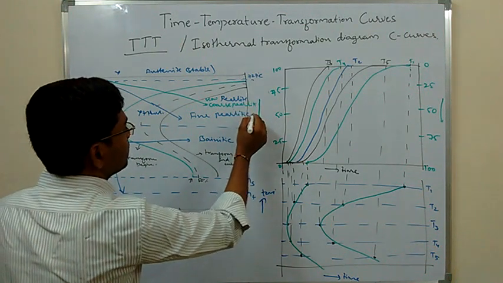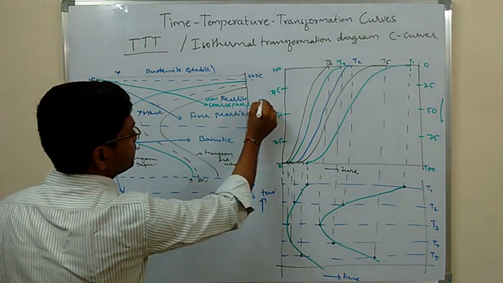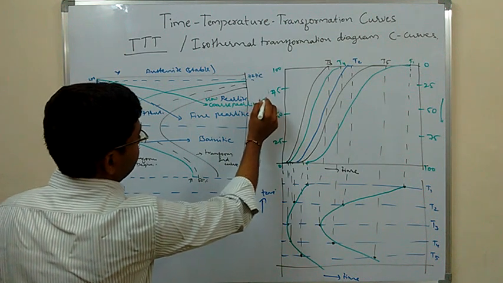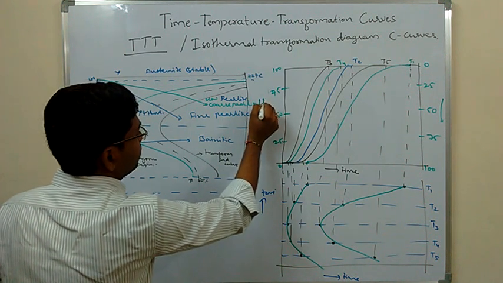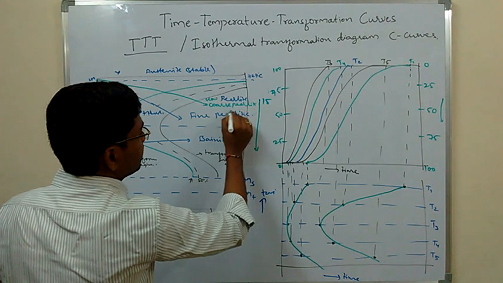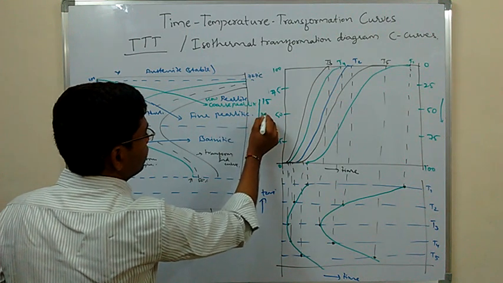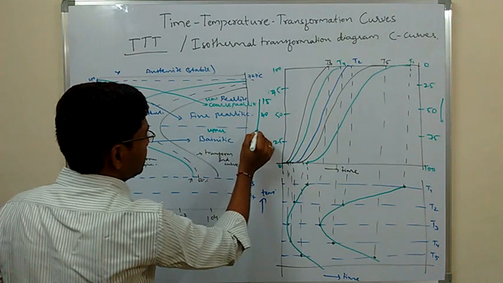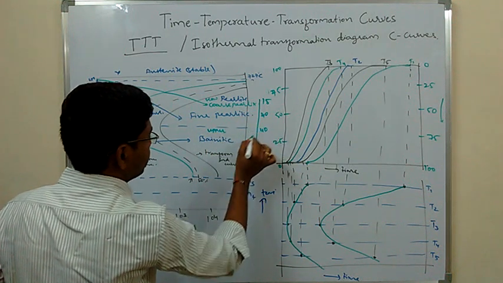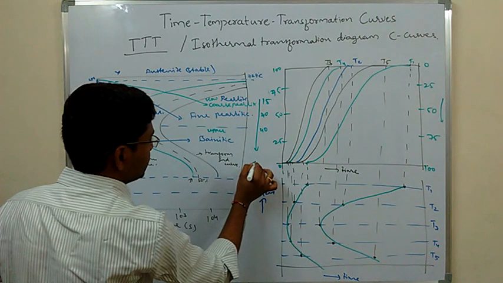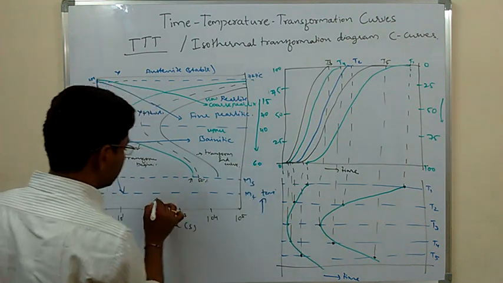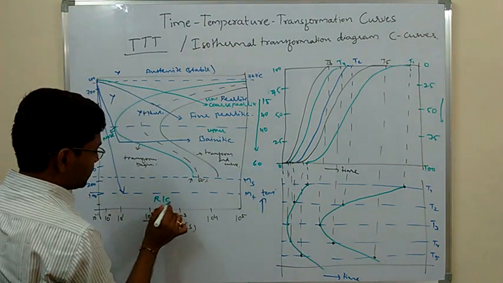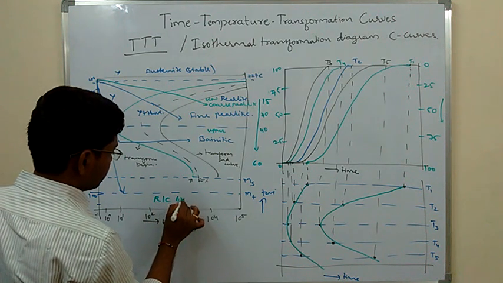In coarse pearlite structure, the Rockwell hardness number, HRC, will be 15. And here in medium pearlite, and here in fine pearlite, it will be 40. In bainitic, upper bainite, the hardness will be 40 to 45. And here in lower bainite, it will be 60. And martensitic, the Rockwell hardness will be 64.